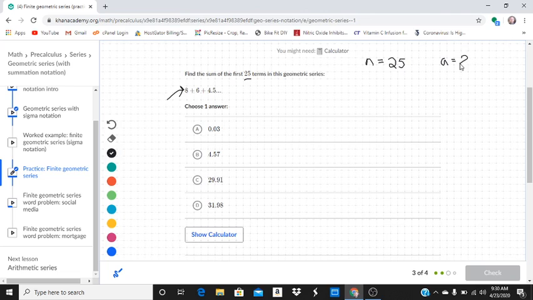To figure out the common ratio, we take the second number divided by the first number. So r equals 6 divided by 8, which is 3/4 or 0.75.